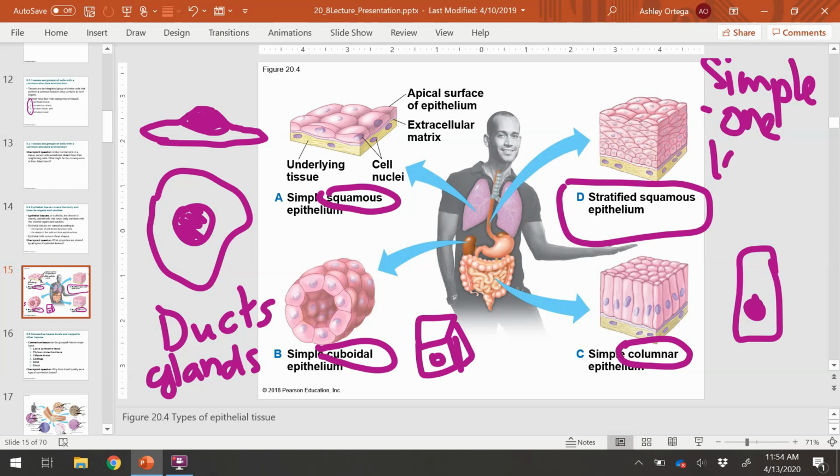This one here is multiple layers of the squamous cell, and that's found in the esophagus, but it is also found on our skin. We have it in the mouth region, and any area where there's a lot of contact will have stratified cells. Depending on where they are, most of them will be stratified squamous.